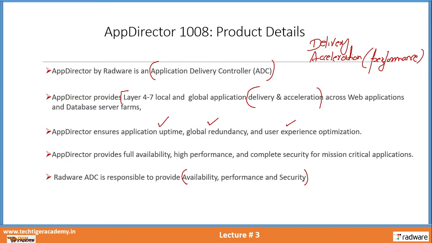You're trying to access it from anywhere in the world, and it should be accessible to you. And your credentials should be saved there, so that nobody else is able to hijack your credentials and take advantage of the content. This is what we actually expect from ADC, and this is what we get in return if we invest in Radware ADC.